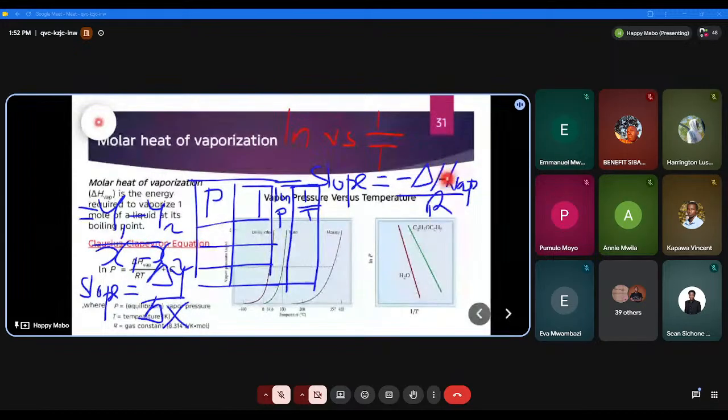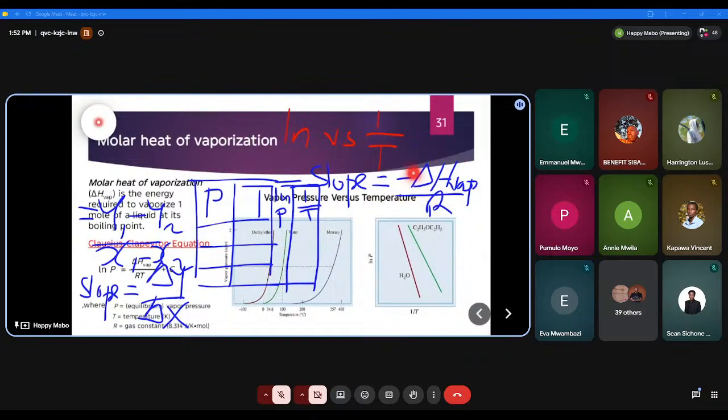You will need to have the slope and the value of R, which is a constant and is already there. So the only issue is how to come up with the slope. So you find the tangent and you find your slope, then you put it in this equation.